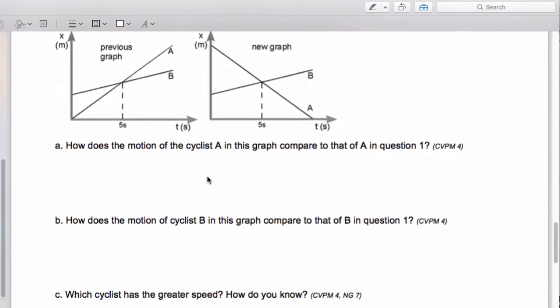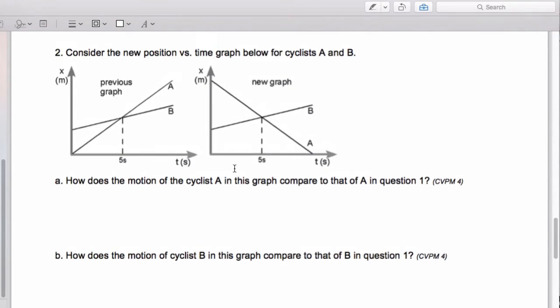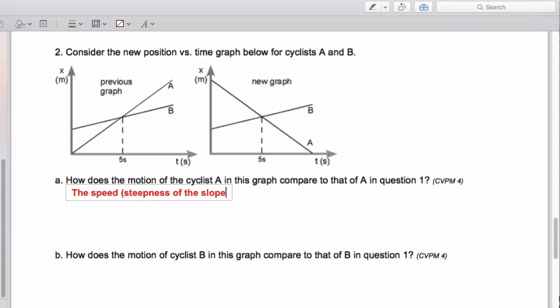Now, continuing, how does the motion of cyclist A in this graph compare to that of A in question 1? So what I would say is this. The speed is identical, meaning the steepness of the slope. But in the new graph, A goes in reverse.